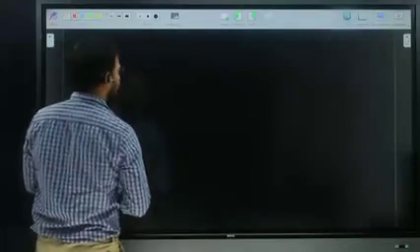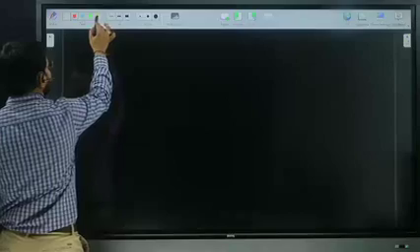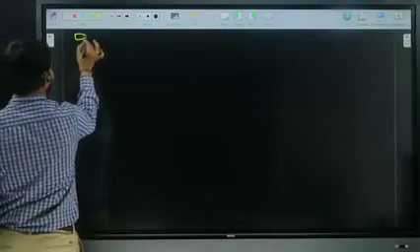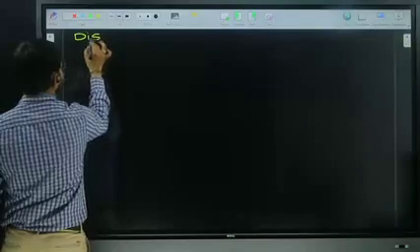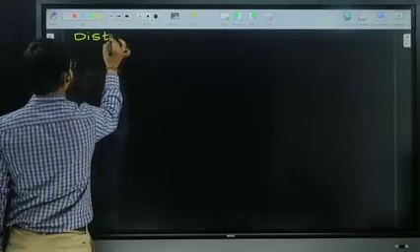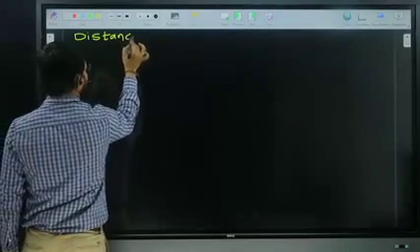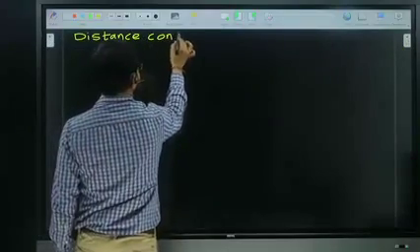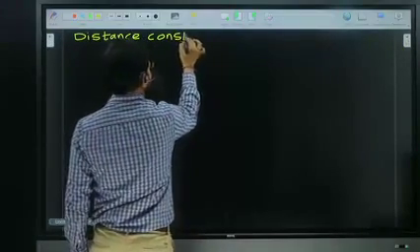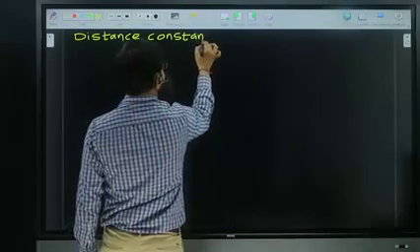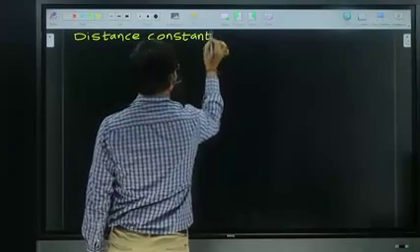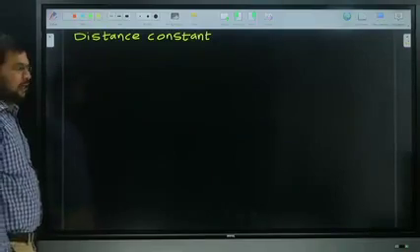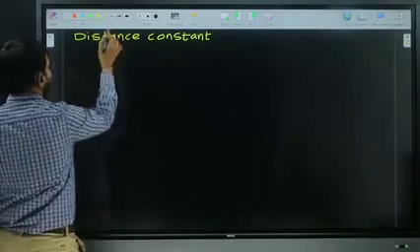So put down concept number one: distance constant method.